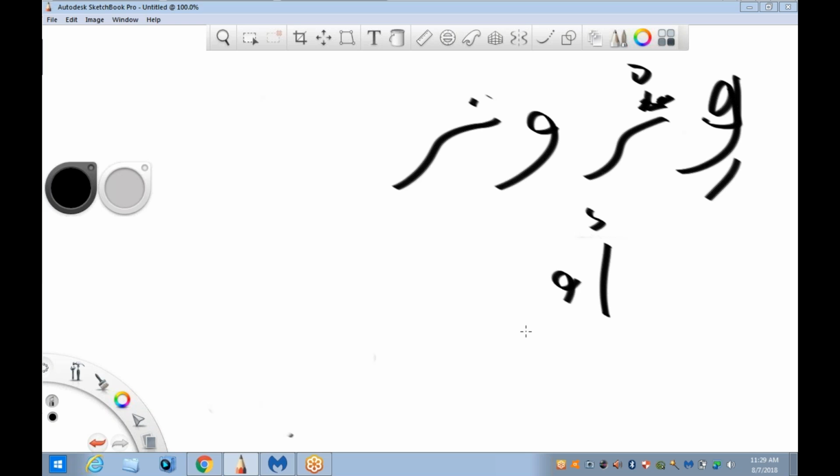The plural is autad. It's a string. There are two strings in your throat. Witr. You have witran sawtiyatan, two strings that cause sound. It has this shape in your throat.